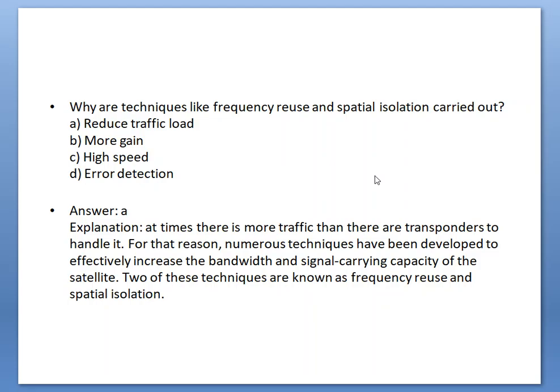At times there is more traffic than the transponders can handle. For this reason, numerous techniques have been developed to efficiently increase the bandwidth and signal carrying capacity of the satellite. Two of these techniques are known as frequency reuse and spatial isolation. That means by using frequency reuse and spatial isolation, we reduce the traffic load in satellite communication.